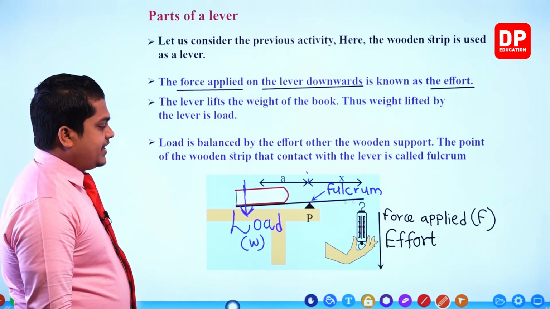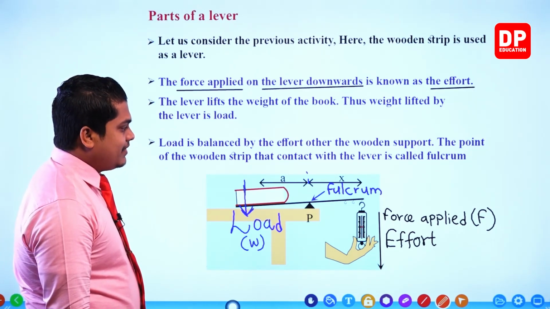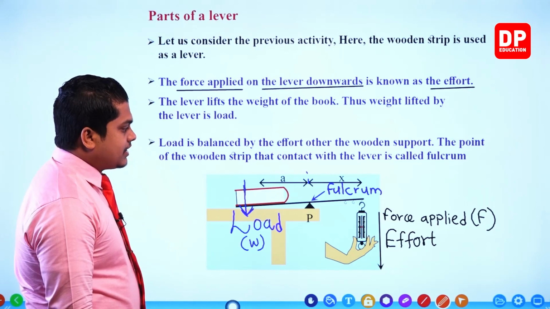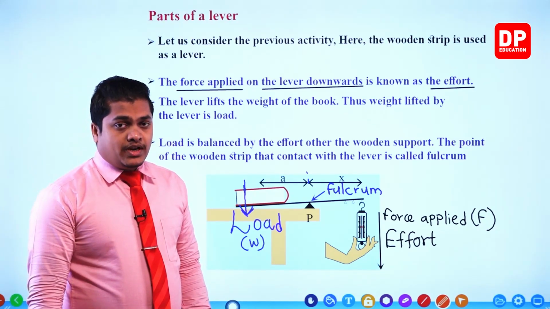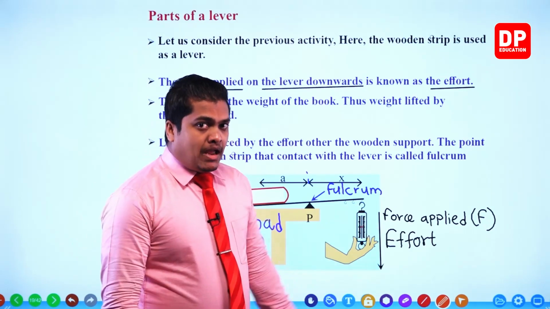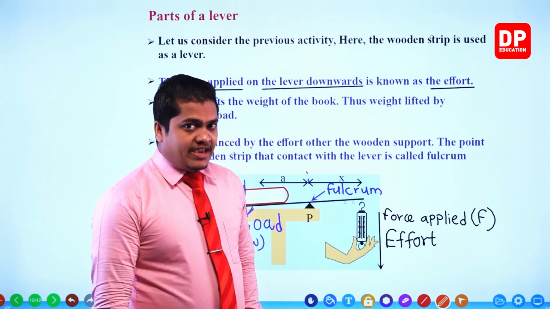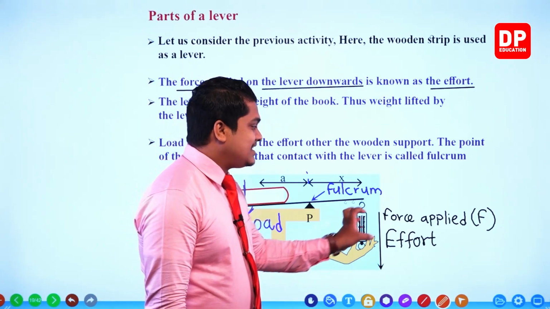So my dear children, we can identify three main key points related to a lever. These are the main parts of a lever. So what are the three main parts? The force which is applied to lift the weight at the other side of the lever is referred to as the effort.